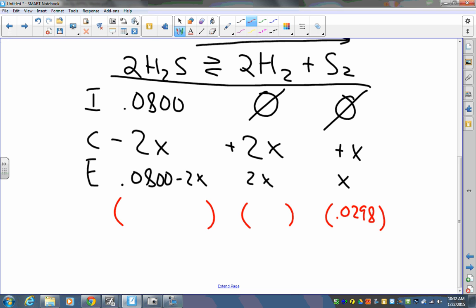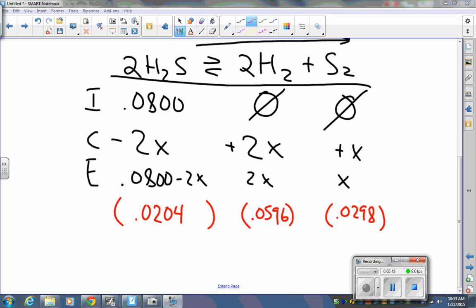If I take 0.0298 and multiply that times 2, I end up with 0.0596 for this value. And then I would plug in x in this one, so I would go 0.0800 minus 0.0596. This is going to be equal to 0.0204.